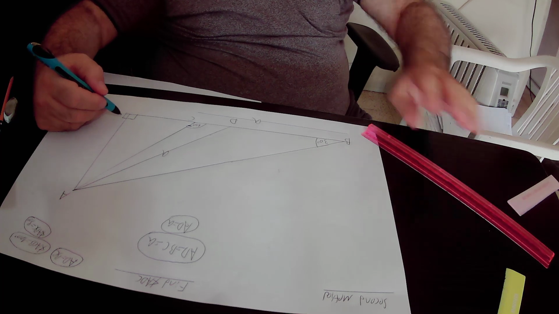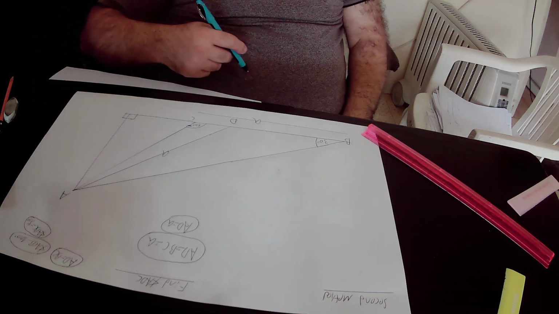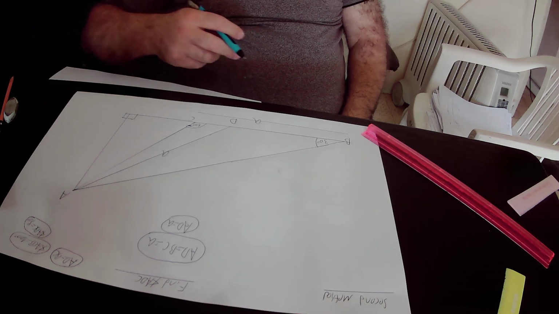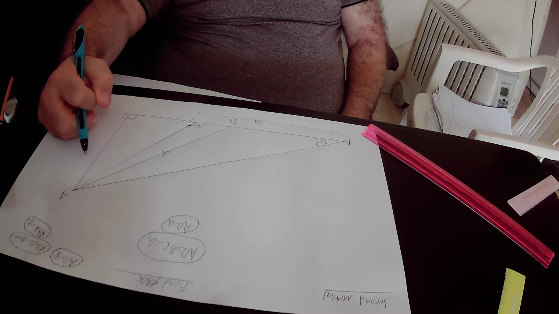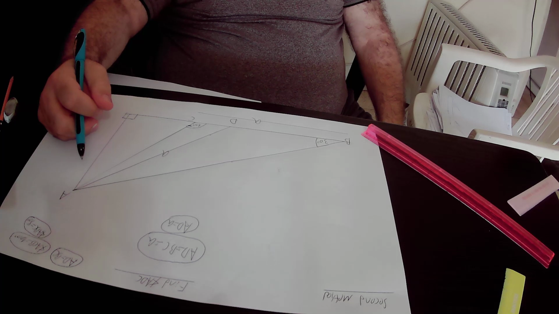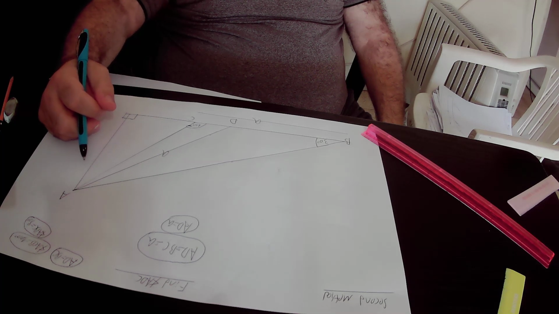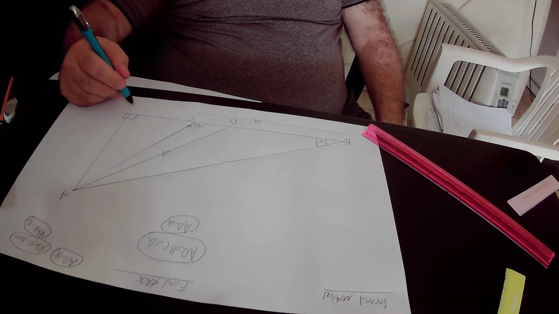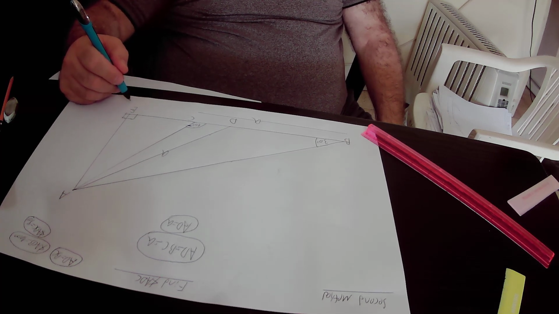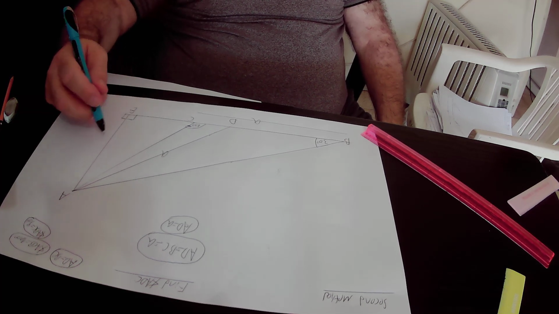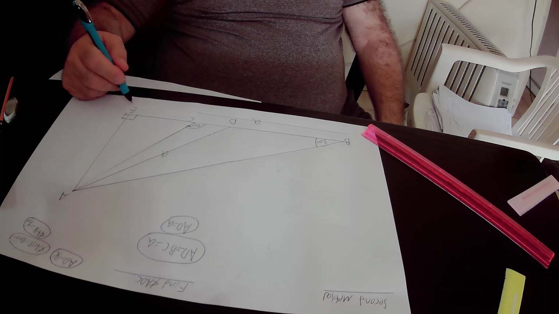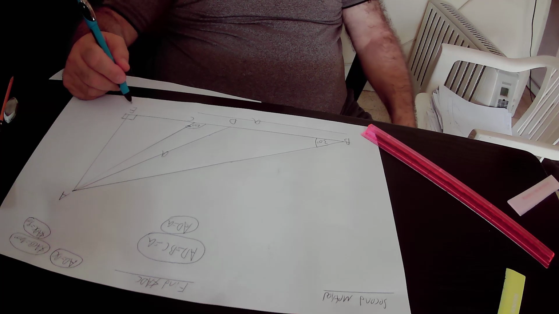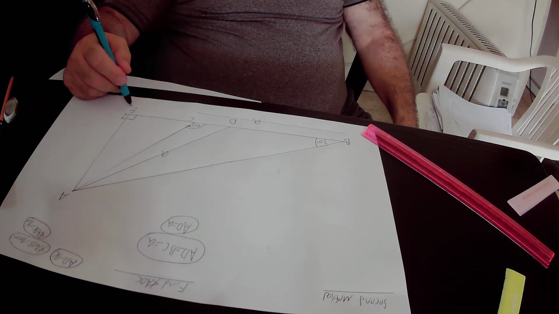And we will define the intersection point of the perpendicular from point A and the extended BC as point E.